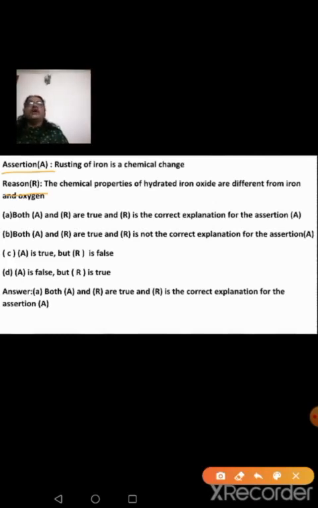Yes, rusting of iron is a chemical change, and the reason is that the chemical properties of the product formed are totally different from the properties of iron and oxygen. So other options are not going to come. Both A and R are true and R is not the correct explanation for the assertion? No, R is the correct reason for the assertion.